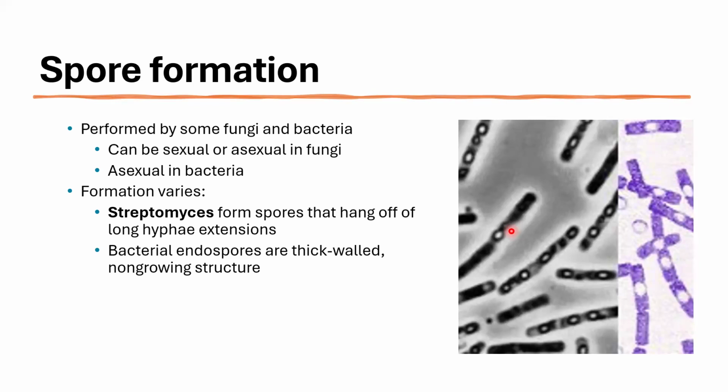And this is something that you see like in these cells over here. We can see the formation of these spores inside the cell. And usually what that means is that the actual rest of the cell is just going to shrivel down to nothing, and all the important stuff's in this little circular area here. But I guess in some species, like these Streptomyces species, they actually form spores that hang off the ends of these hyphal-like extensions, and those can be released into the environment and later germinate.